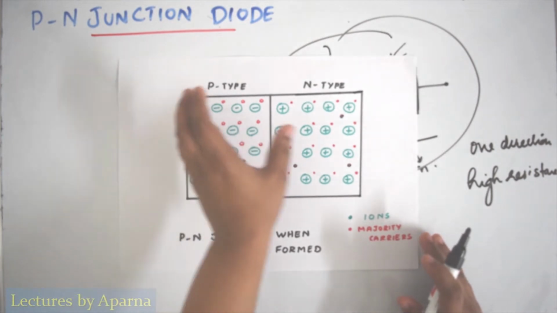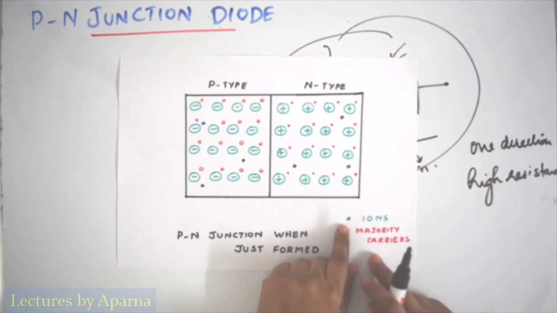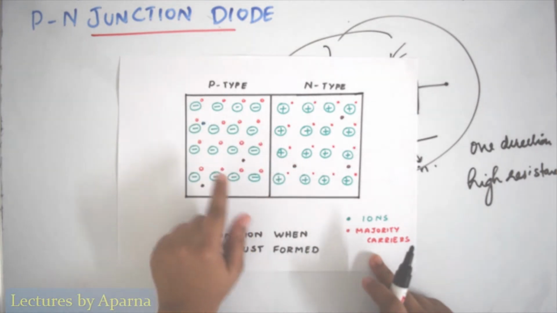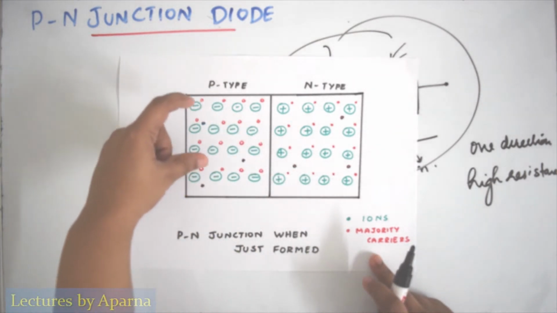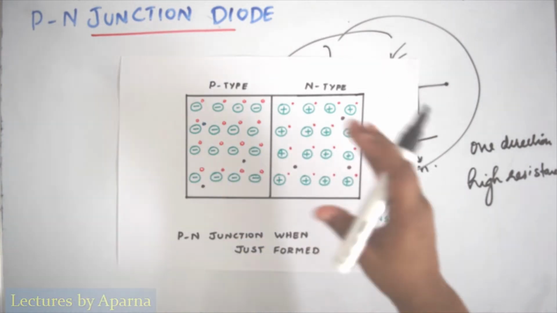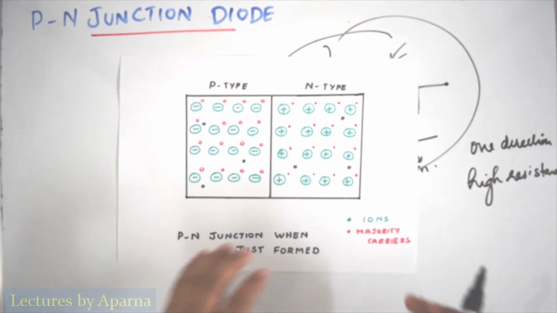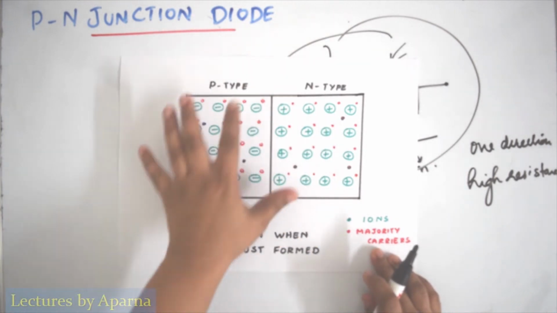This is the P-type region and this is the N-type region. Those shown in green color are the ions. In the P-type region, there are negative ions, and in the N-type region, there are positive ions. Those shown in red color are the majority carriers.